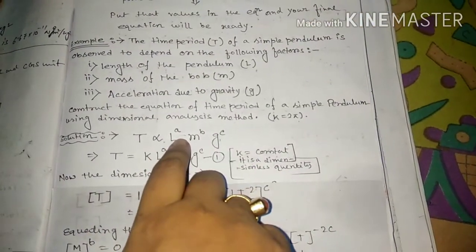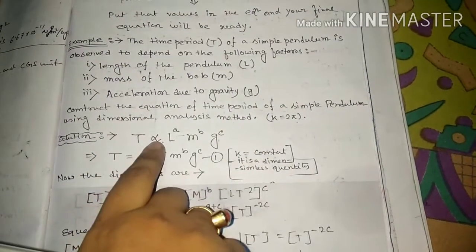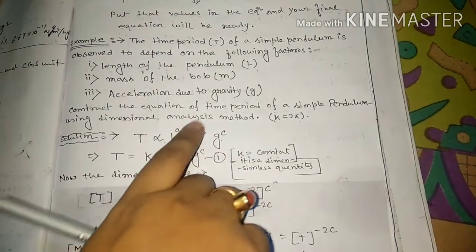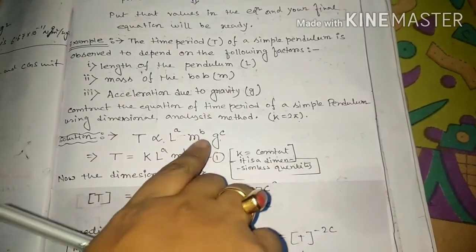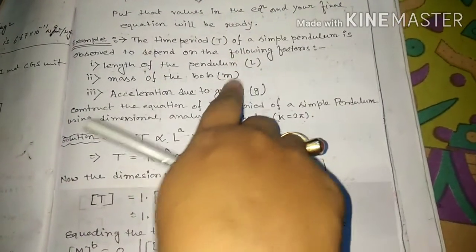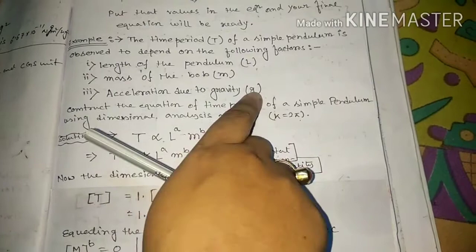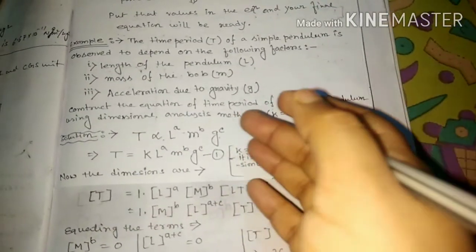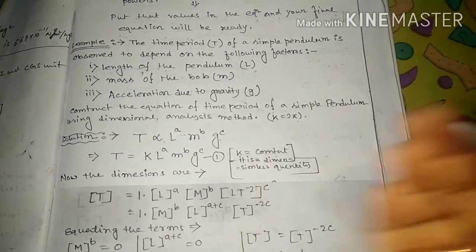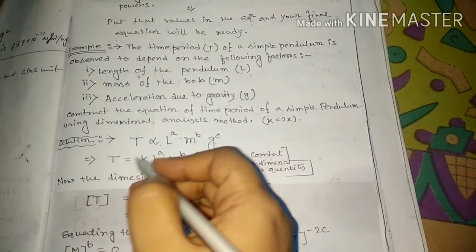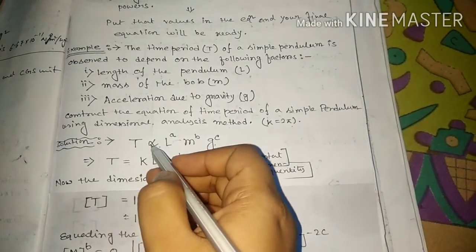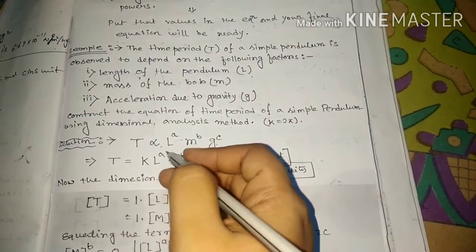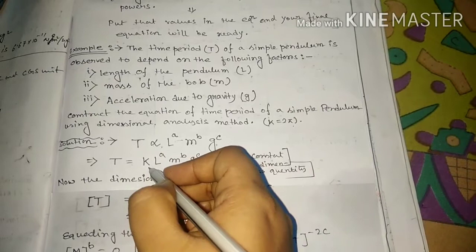So we consider first L: T is directly proportional to L to the power a. Second, M to the power b, and third, g to the power c. Three terms are there, that's why three. If a fourth term were there, it would be something to the power d. Whenever we change from the proportionality sign to the equal sign, we have to multiply with some constant term, and that constant here is k.